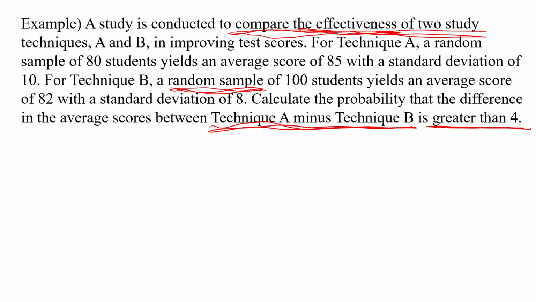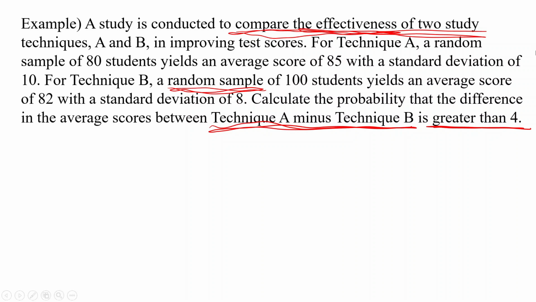But because we take a random sample, we are technically sampling here. This is not an experiment. So we take a random sample of students who are in each different study technique. They weren't randomly assigned to the study technique. It doesn't tell us that they were randomly assigned. It says we have students in technique A, technique B, and we're taking a random sample from each of them, okay? So let's go through.